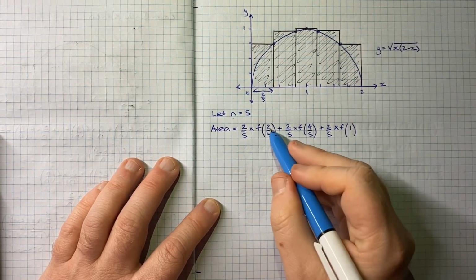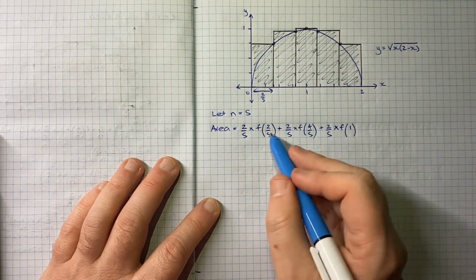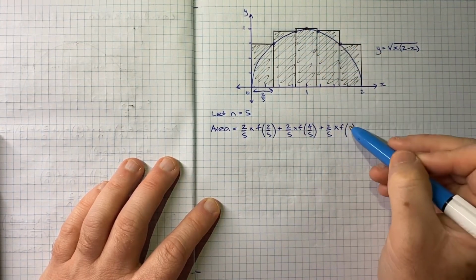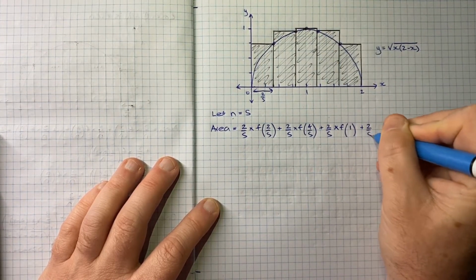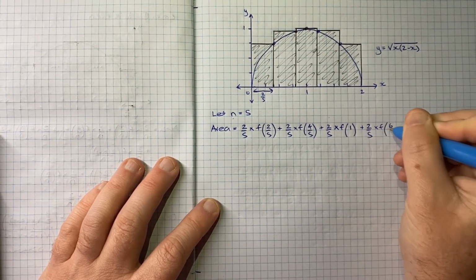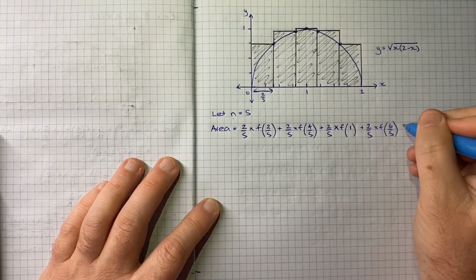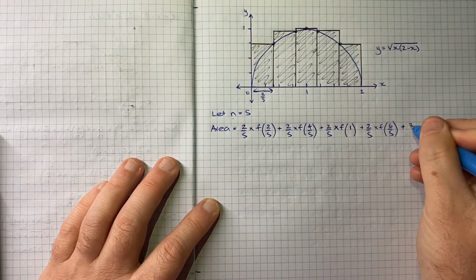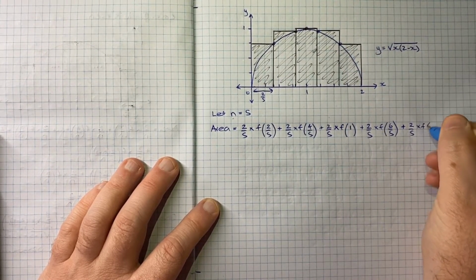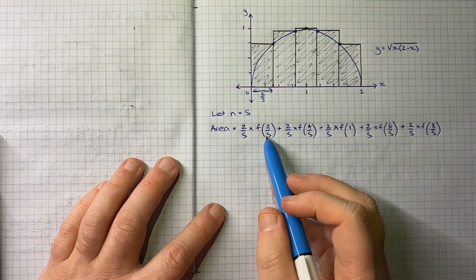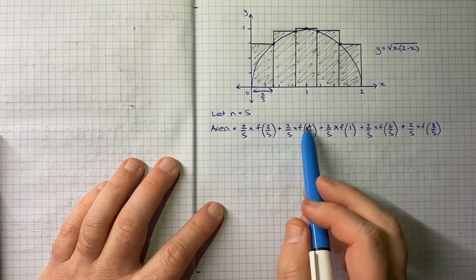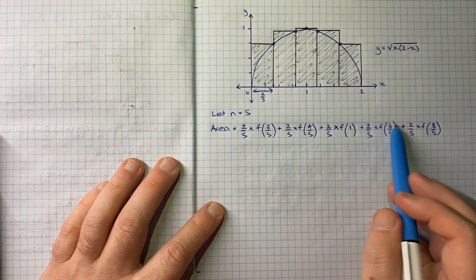So we haven't jumped up 2, 4, 6. We have this function at 1 in between, and then we're going to get our next one, which is 2 on 5 times the function at 6 on 5. And finally this one here, 2 on 5 times the function at 8 on 5. Thinking in terms of our general pattern, we'll go 2, 4, 6, 8.